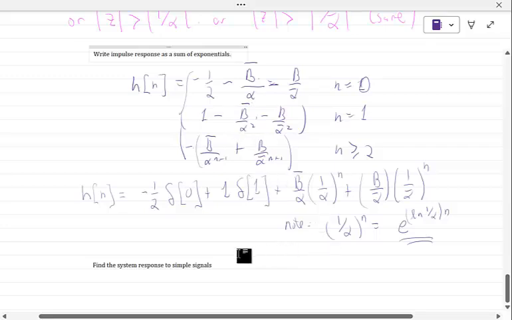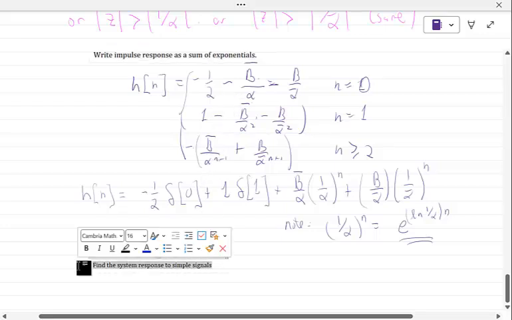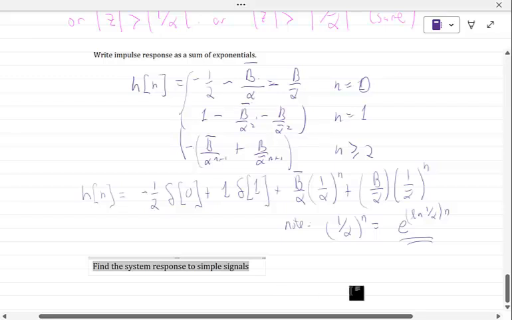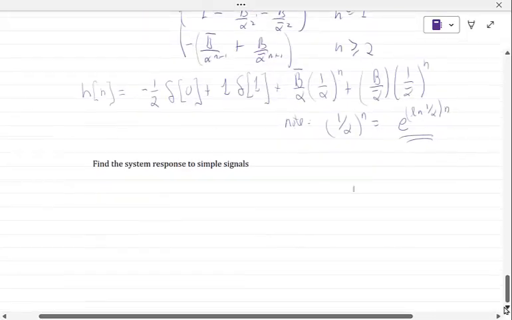Now let's find the system response to some simple signals. Let me give you an example of an x. That's a signal.